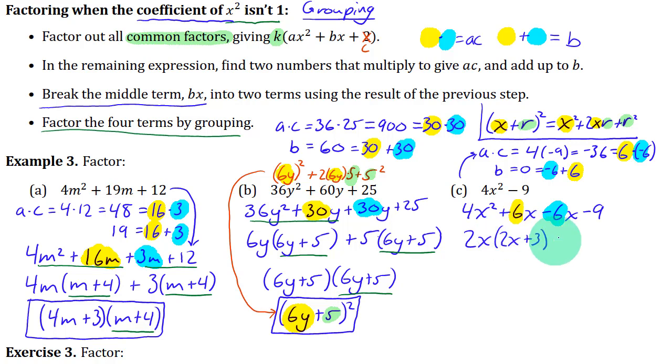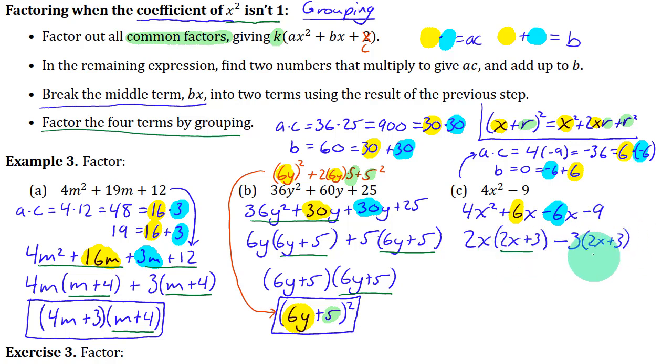plus 6x. And then over here, what do these both have? Negative 6x and negative 9. Those are both negative, so you could take out a negative thing. And 6 and 9 each have a 3 in them. So you can have negative 3 times 2x makes negative 6x, and negative 3 times positive 3 makes negative 9.